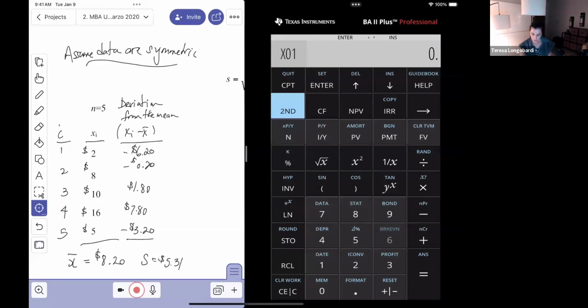So if you put in negative $6.20, enter, and scroll down to X2, and you put negative 20 cents, and you scroll down to X3, and you put $1.80, and you scroll down to X4, $7.80, enter, and finally negative $3.20. Do that and tell me what you get as the mean.